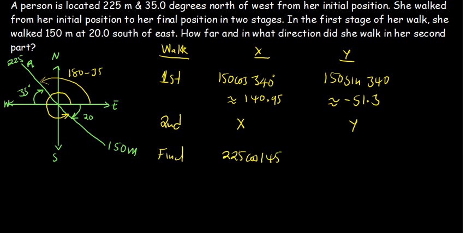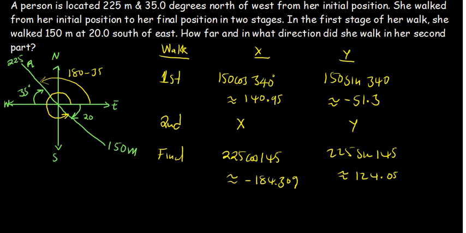So 225 cos 145 gives us negative 184.309. Then for this side, 225 sin 145 gives approximately 124.05.